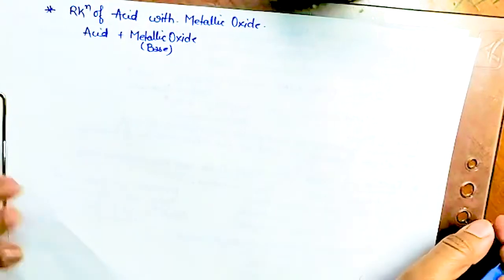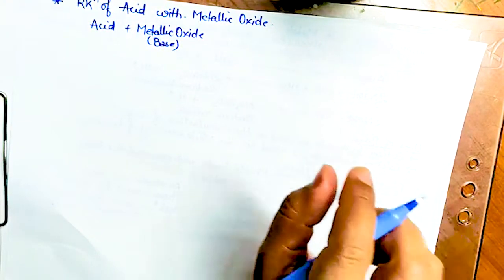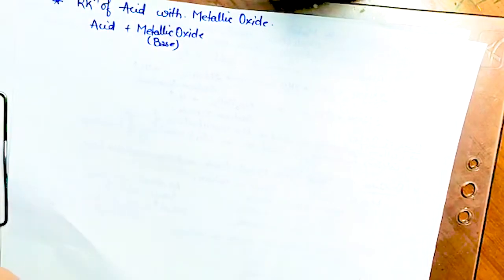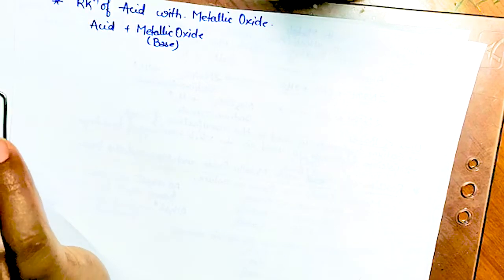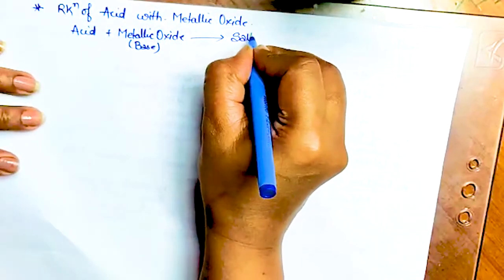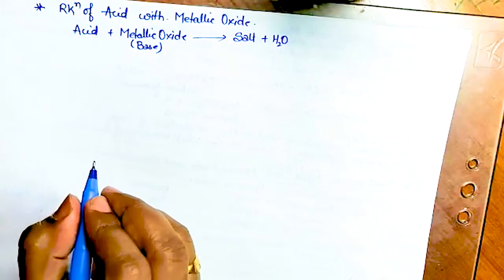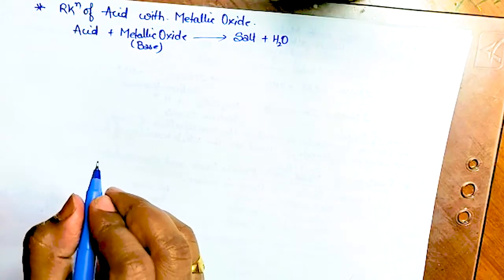Yesterday's class, the previous video, I explained that when acid and base react, they form a salt, isn't it? So now what will be the answer here? Salt along with the water. So we'll do the reaction with this.